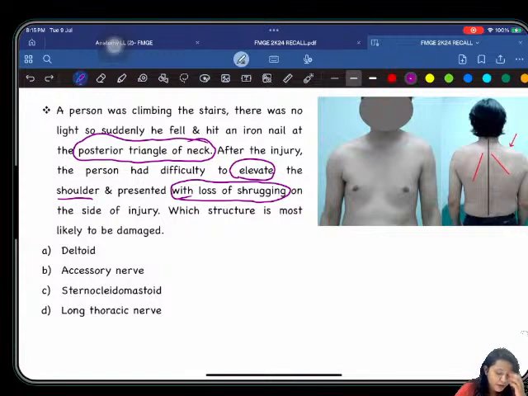So how will you get the answer? You get to know that the injury is in the posterior triangle. A very important nerve related to the posterior triangle is the accessory spinal nerve.